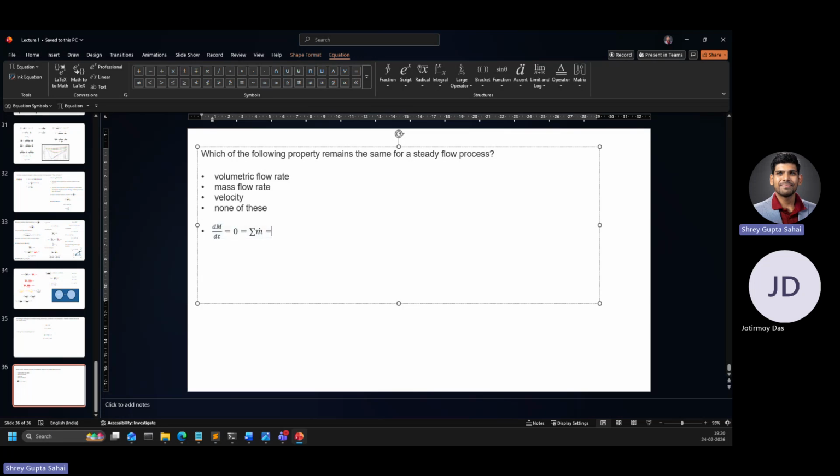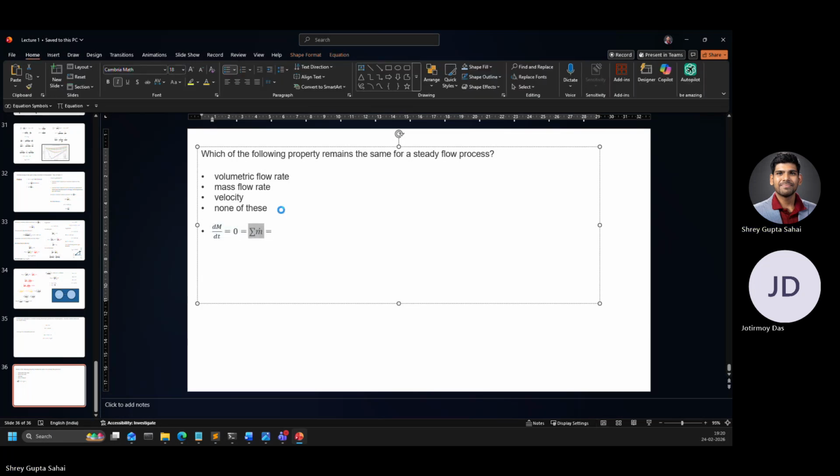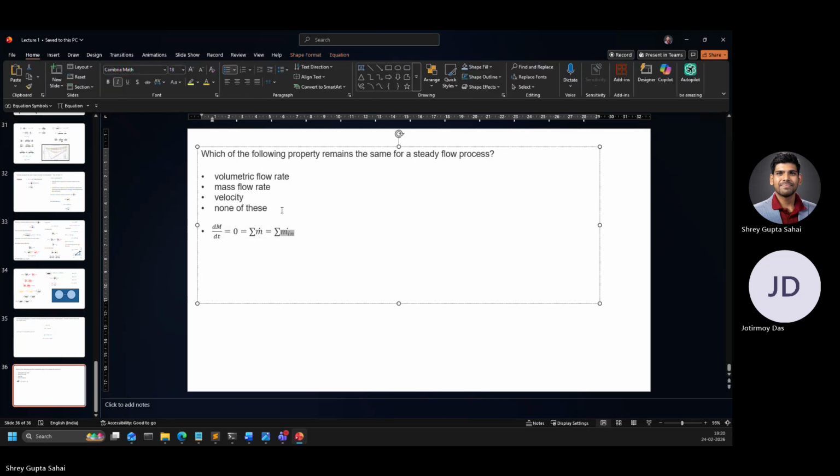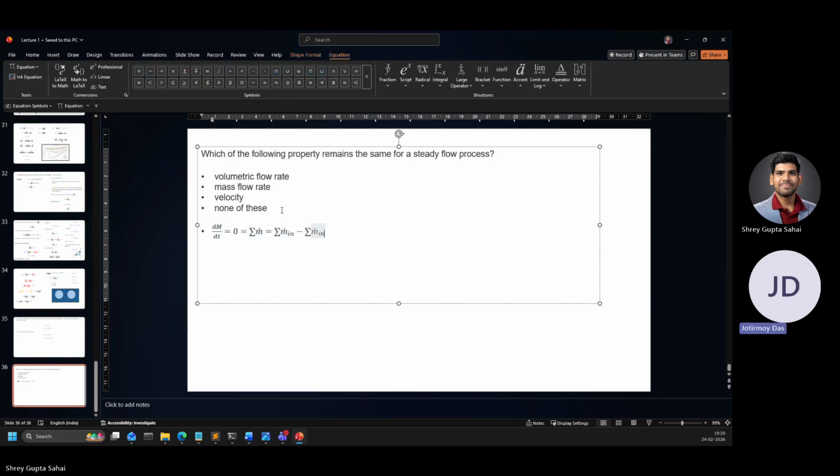Which we can write as, it's actually the correct statement to say that summation m dot in is equal to summation m dot out.